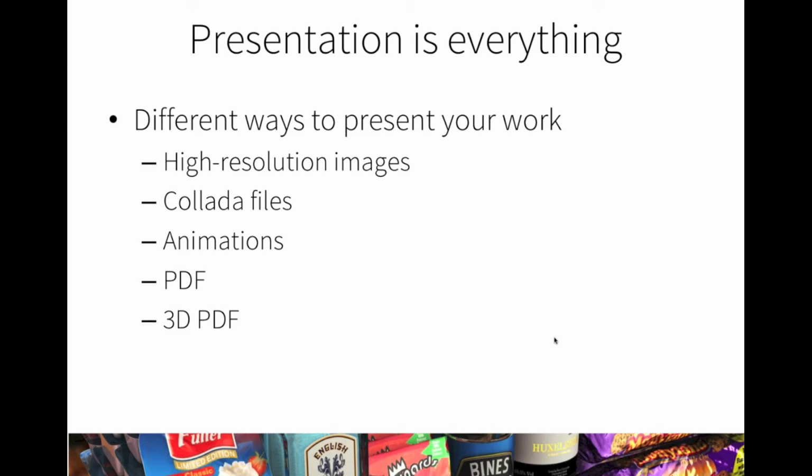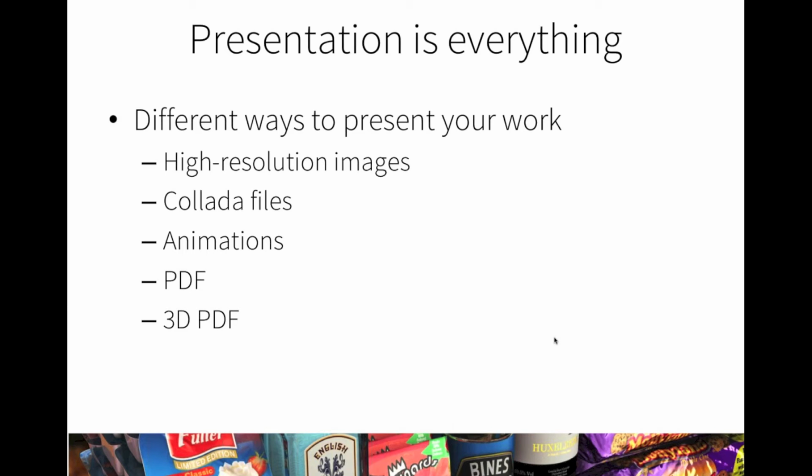If you look at iC3D Suite today, then in the versions that you probably have experience with, there are different ways to present your work. And hopefully you've discovered all of those under the export menu. From a model that you've created, you can create high resolution images at different viewing positions or camera positions. You can export Collada files if you want to continue working with the model you created in iC3D Suite in some other 3D application.